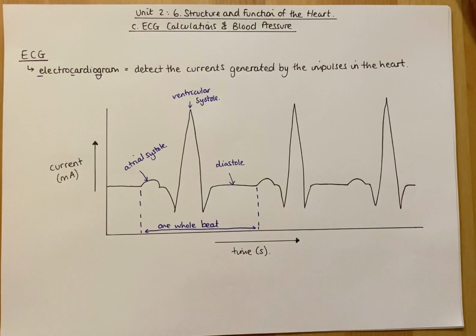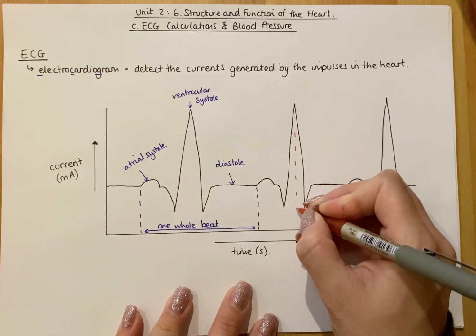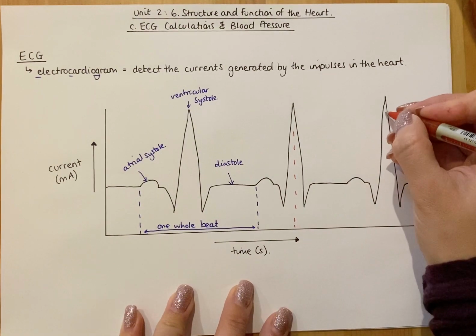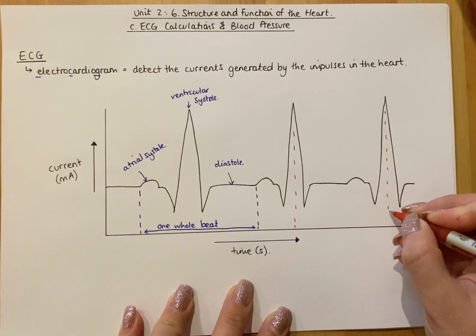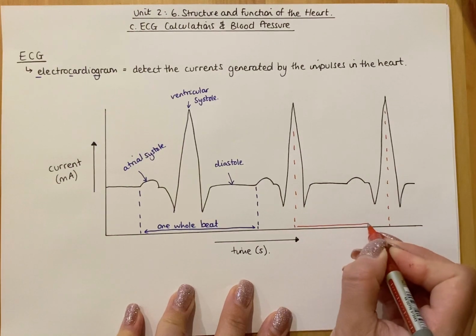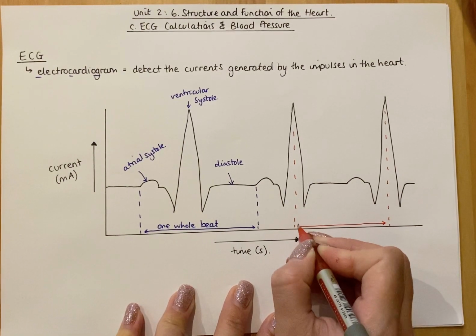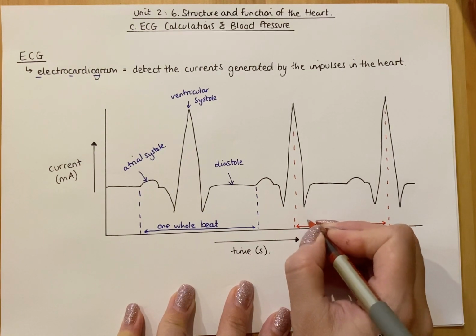You can also measure it in a slightly different way, by looking at the ventricular systole and the peaks of those, so from here. The reason I'm telling you that you can do it two different ways is that when you read it off a graph, they'll expect you to read the length of one beat, and you're looking to find the one that's sitting on lines, and normally these ventricular systole ones are sitting on a line.